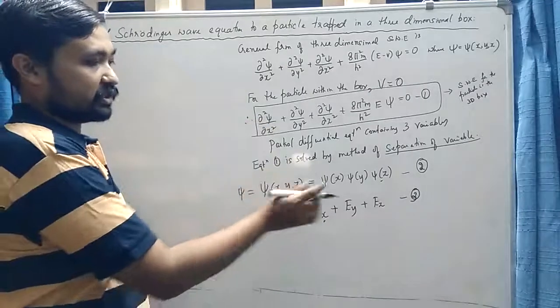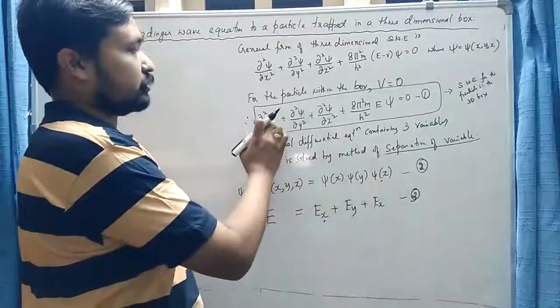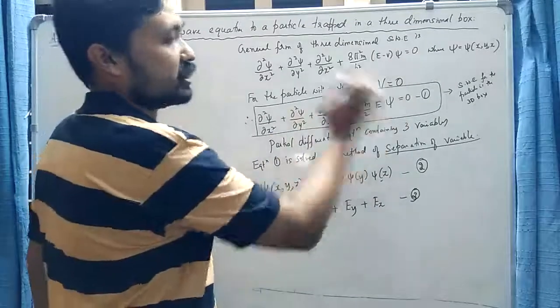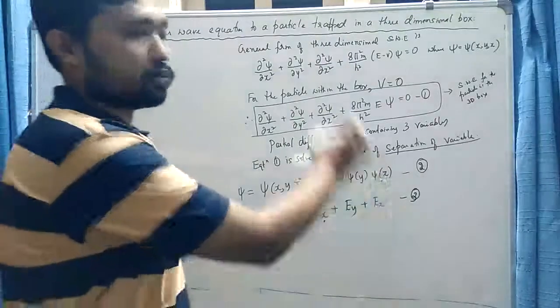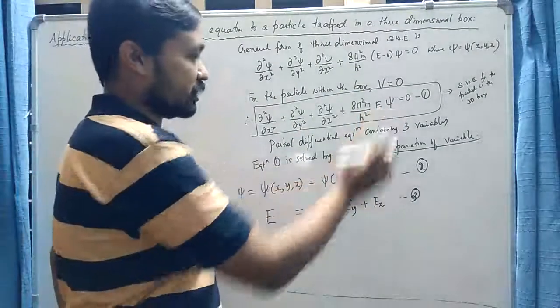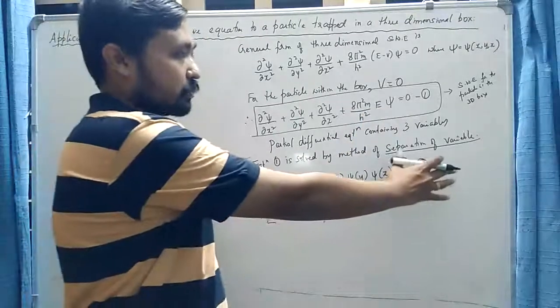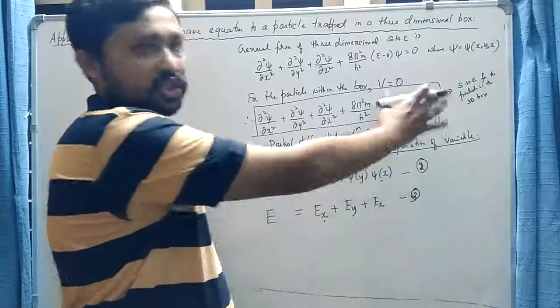Instead of psi of xyz, I can write psi of x into psi of y into psi of z. So each psi term here is replaced by equation 2, and the energy term here is replaced by Ex plus Ey plus Ez. So let us substitute equations 2 and 3 in equation 1.